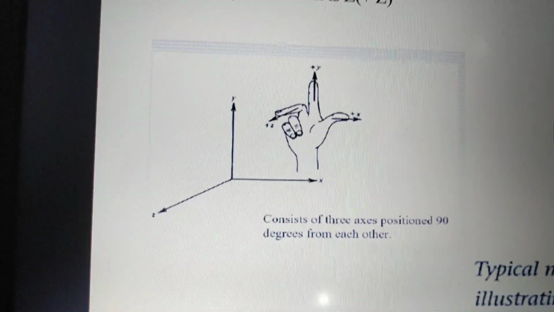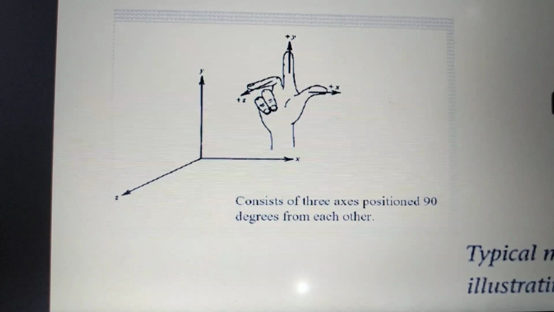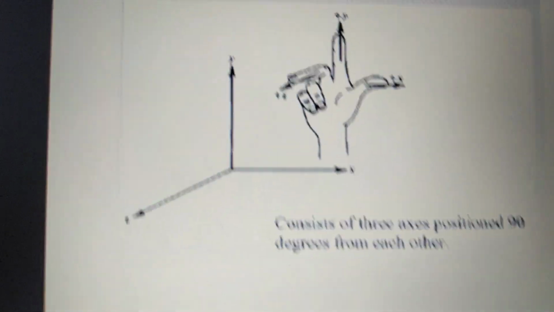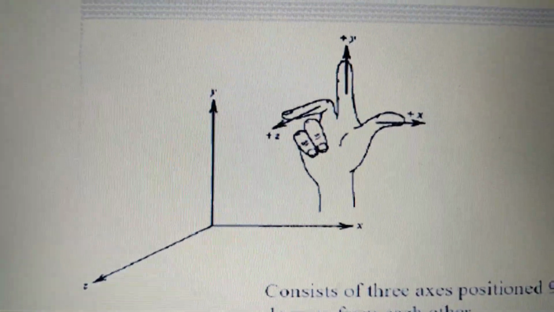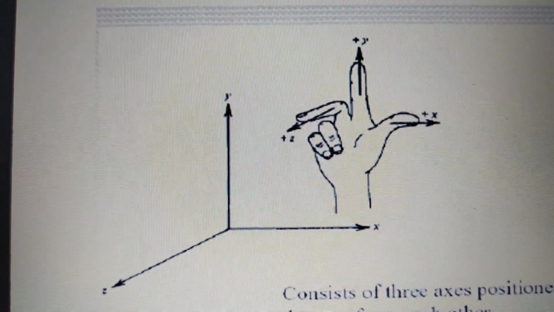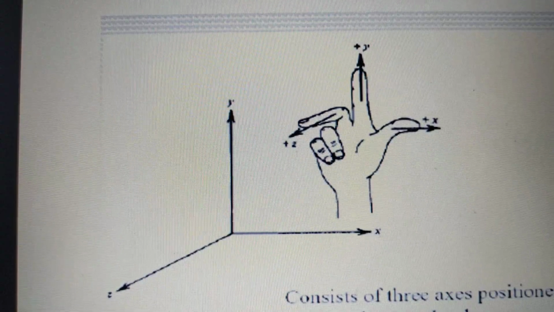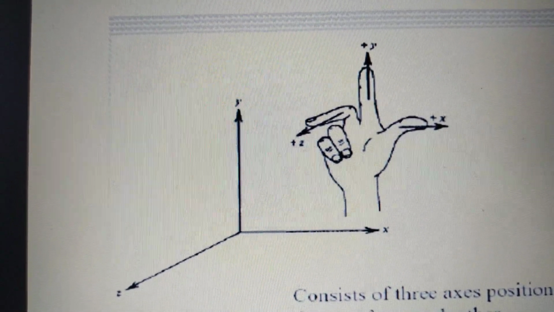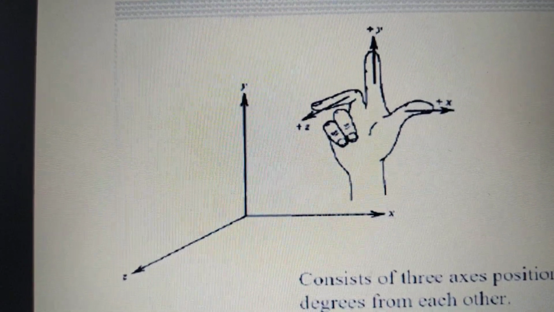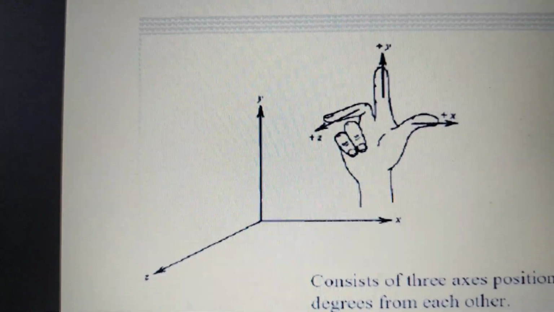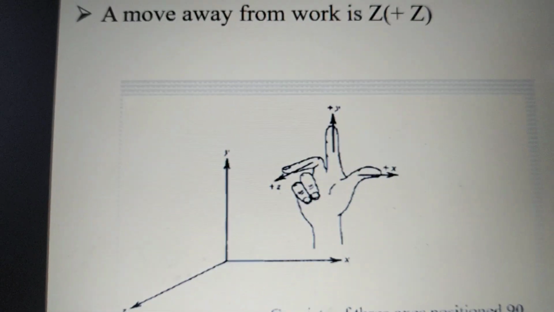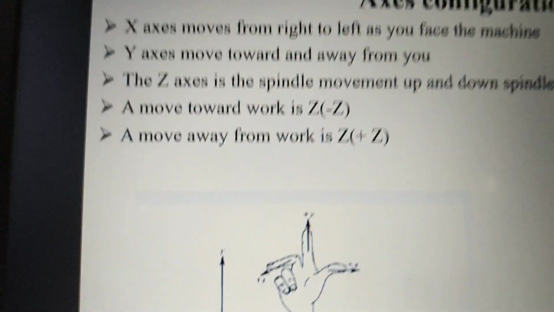These things can be visualized with the help of the right hand thumb rule. You can see the right hand thumb rule. That is, the thumb is x-axis, forefinger is y-axis, then the middle finger shows the z-axis. So this is regarding the axis nomenclature.